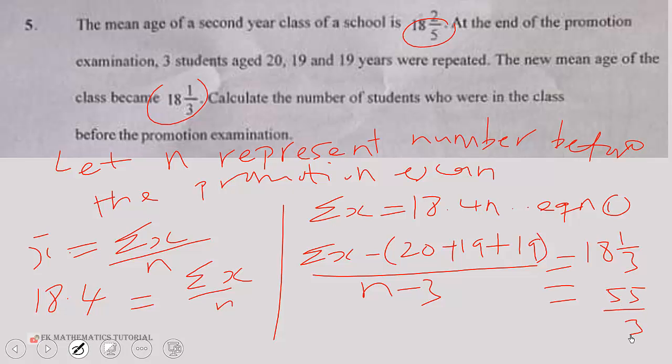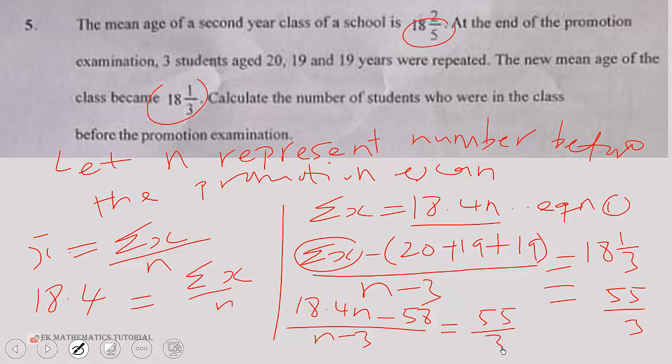So summation x is 18.4n, so 18.4n minus 58 over n minus 3 is equal to 55 over 3.